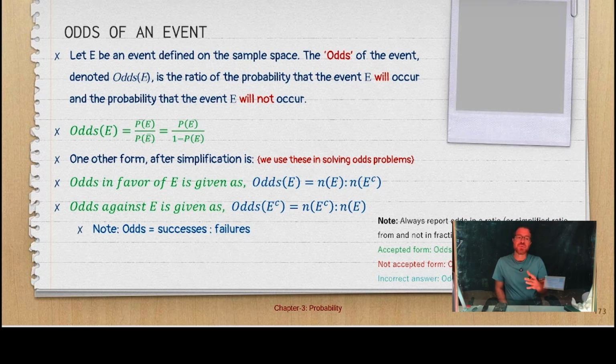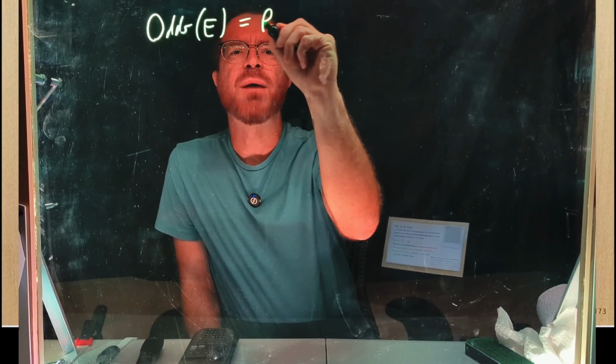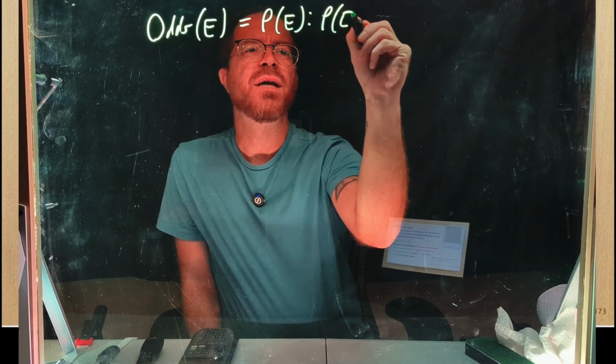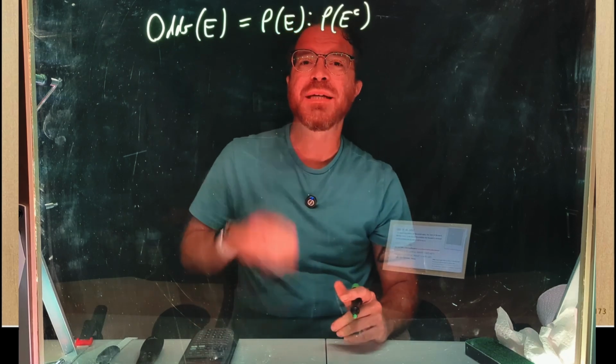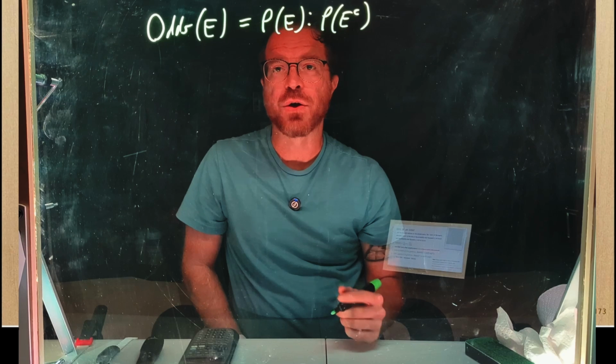The odds of this event, which are denoted as odds, or sometimes you'll see it written as a capital O, is the ratio of the probability of the event to the probability of the complement of the event. So this is the probability that the event will occur to the probability that the event will not occur.